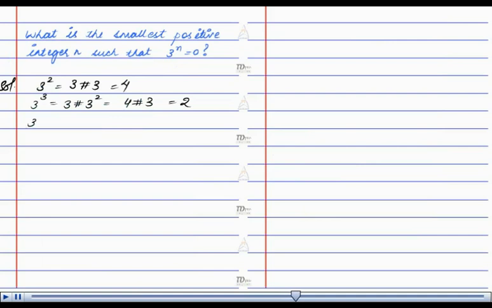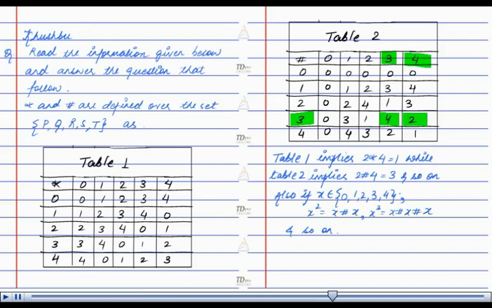Next we calculate 3 to the power 4, that will be 3 hash 3 cube or 3 hash 2, which from the table can be seen as 1.